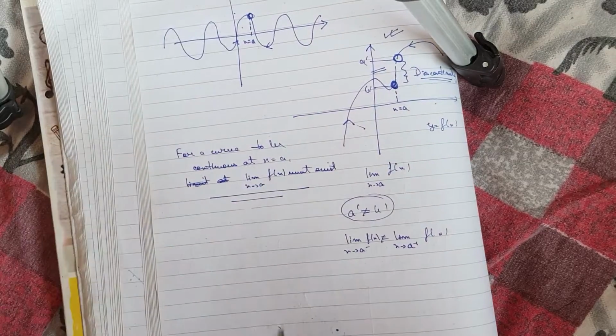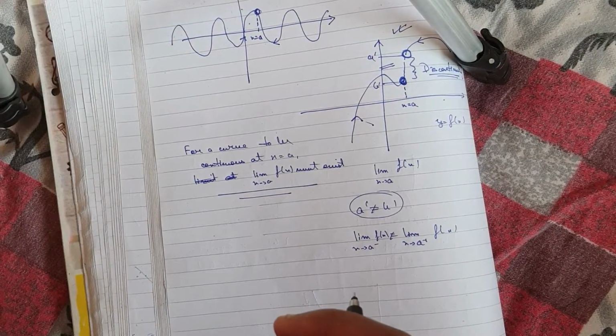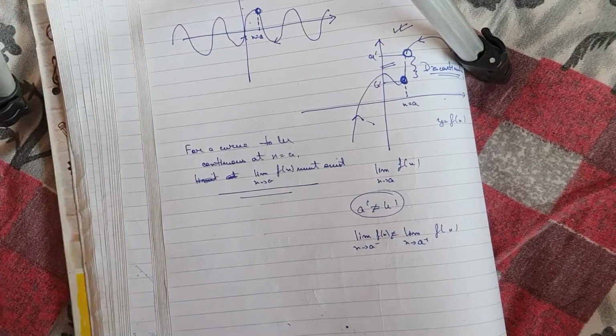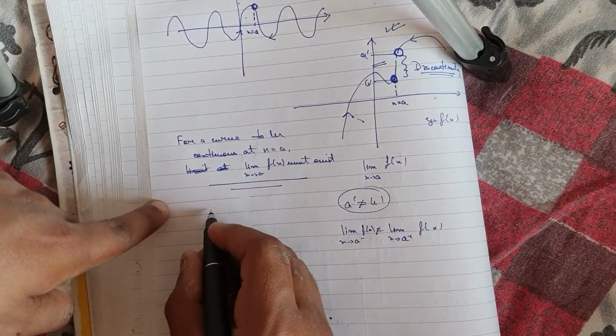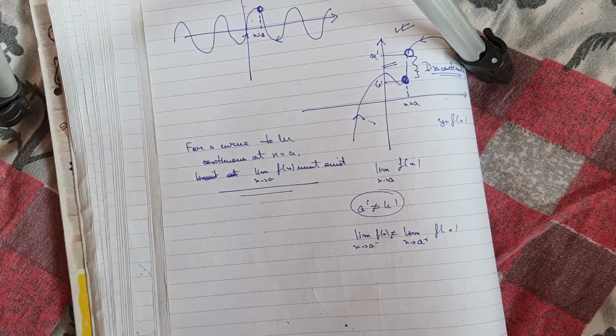Now is this the sufficient condition for the curve to be continuous at x equal to a? No. I can show an example of that as well.